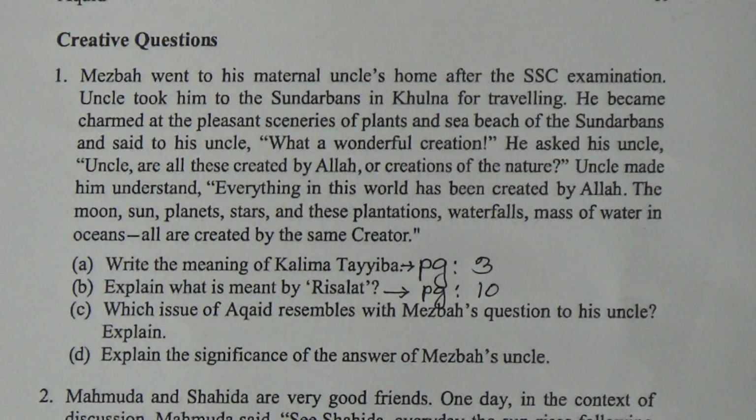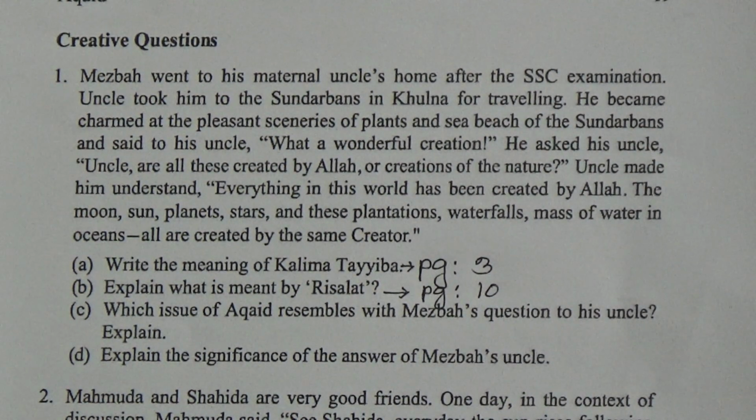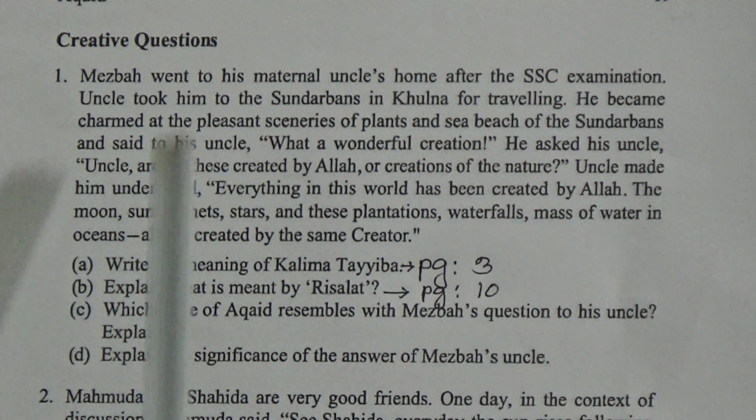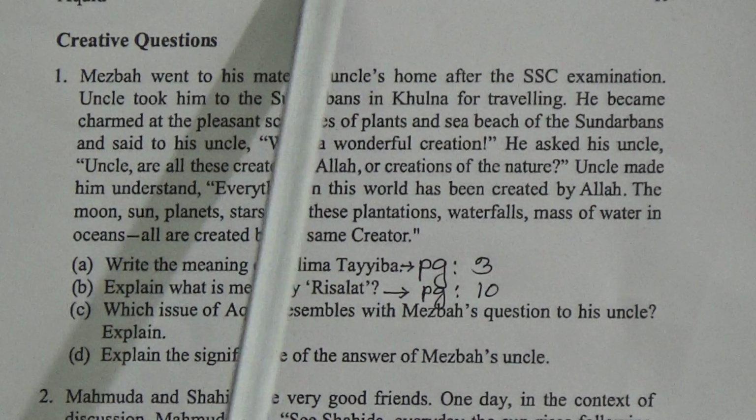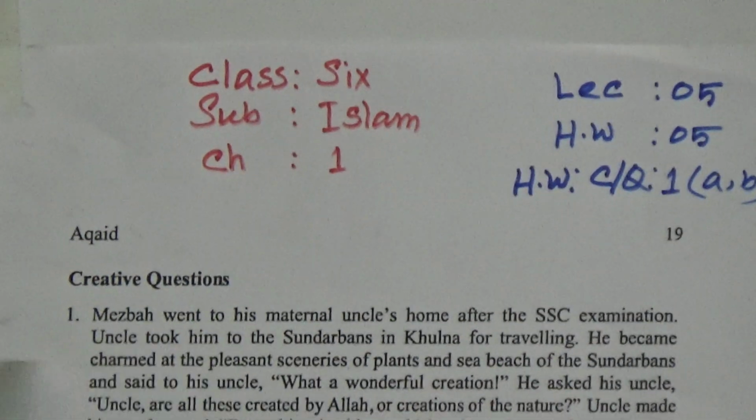Number A, knowledge based question, which mark is 1. Number B, understanding or comprehension based question. Number C, application, and number D is higher ability. So let's start our today's topic, dear students. It is Chapter 1 from exercise.